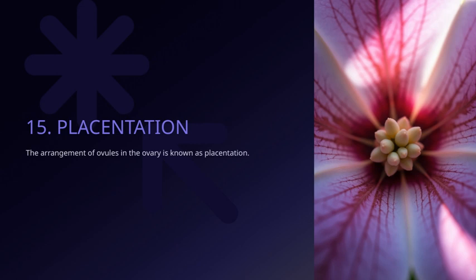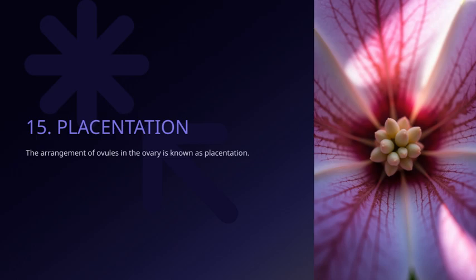Different plants have various types of placentation, such as basal, parietal, axil, and free central, each with unique arrangements. Understanding placentation helps us grasp how reproductive structures are organized in different species, which is important for both botanical classification and practical applications like agriculture.